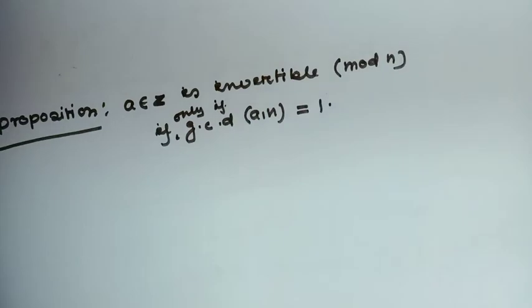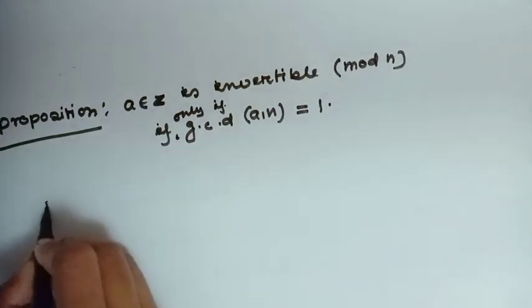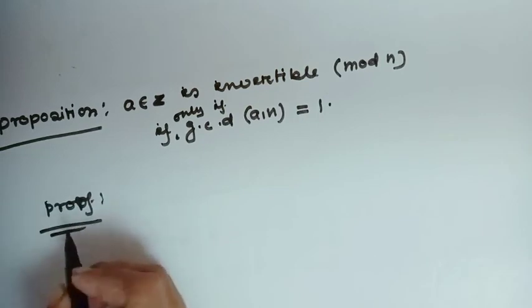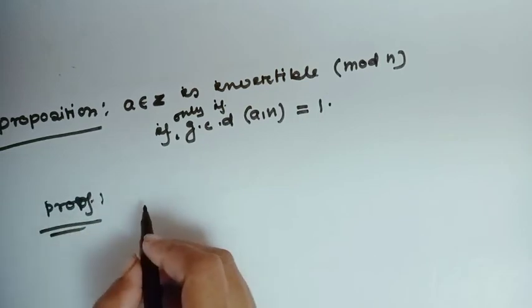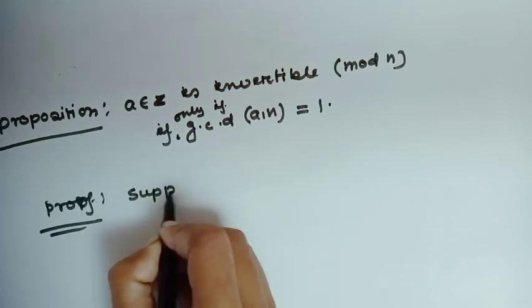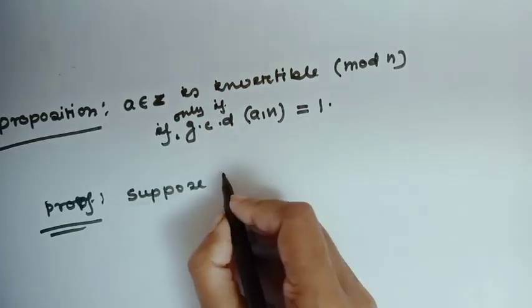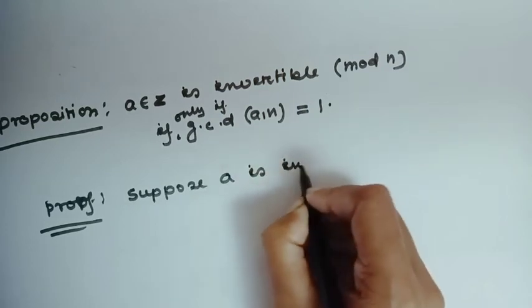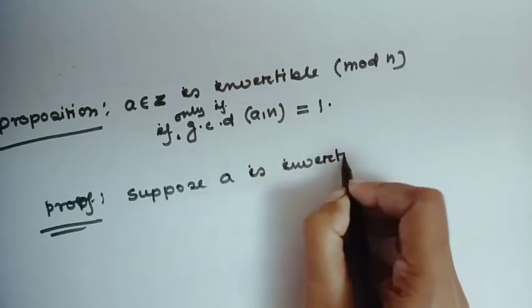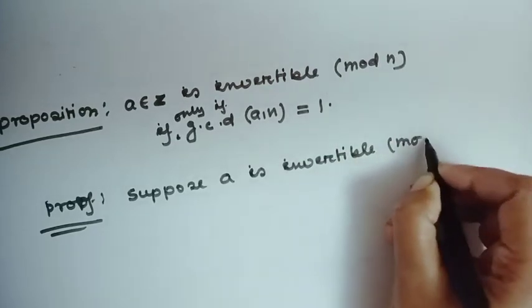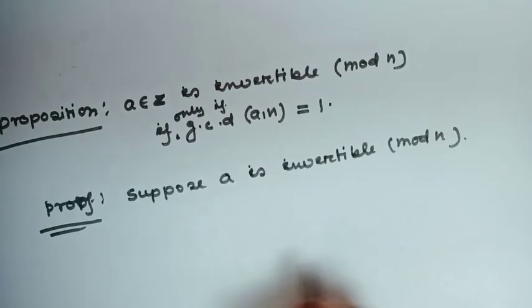Let's see the proof. Suppose a is invertible modulo n.